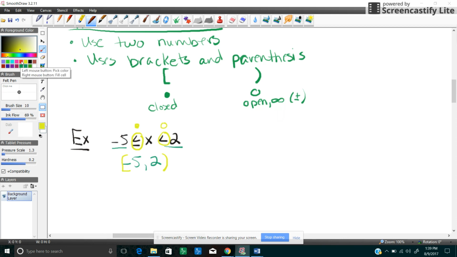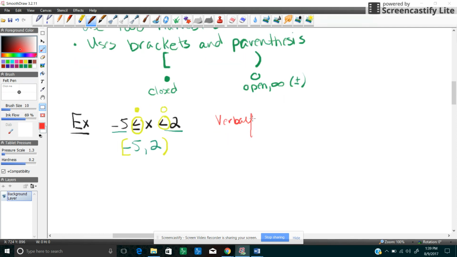While we're at it, let me go ahead and give the verbal description on the side, just so we're a little clear on how that works. This problem here, verbally, could be something like x values lie between -5 and 2, not including 2.